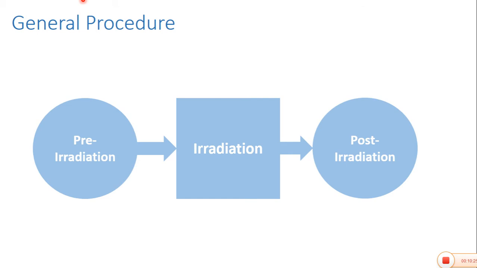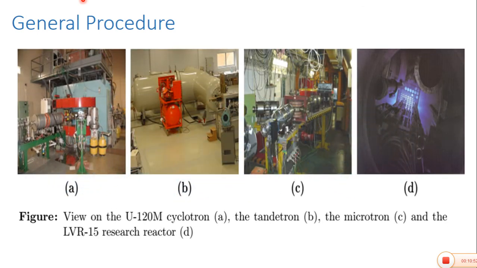So this is somewhat tricky, exposing a process to radiation, so care must be taken. This is the main general procedure of activation analysis for the applications of sample material: first of all pre-irradiation, then irradiation, and then post-irradiation. You should know about that.